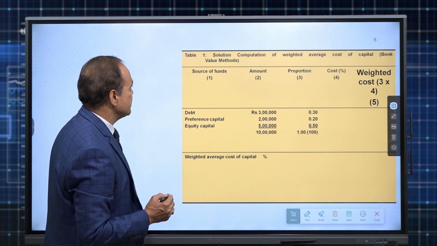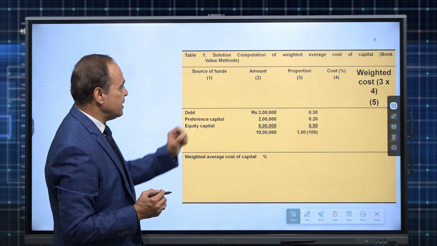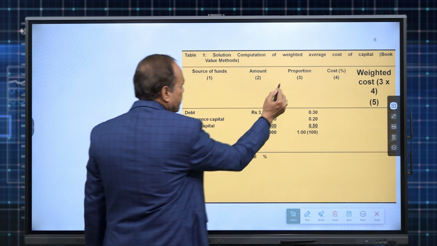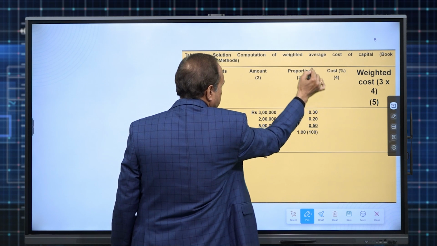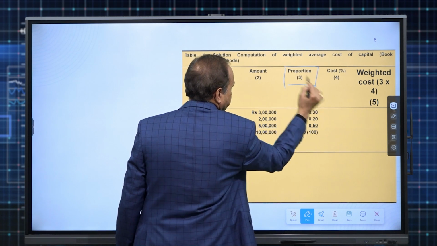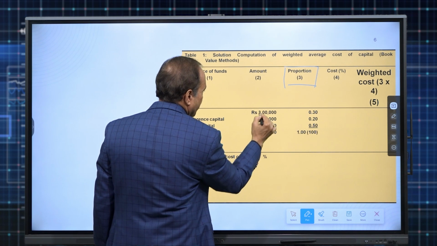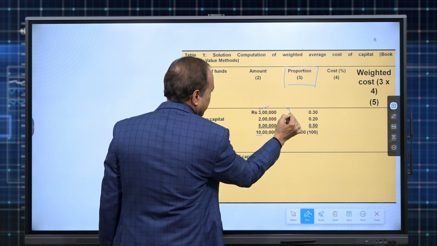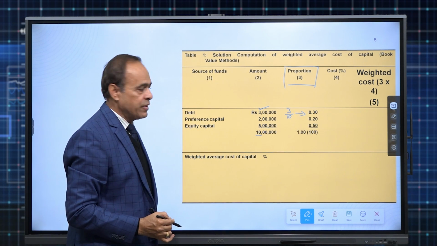So that is where we can see. This kind of table you can prepare. Debt was 3 lakhs. So how do we get the proportion? That means in the total capital structure, what is the proportion of debt? It is simple. Out of the total 10 lakh, debt is 3 lakhs. So 3 lakh divided by 10, we will get 0.3.